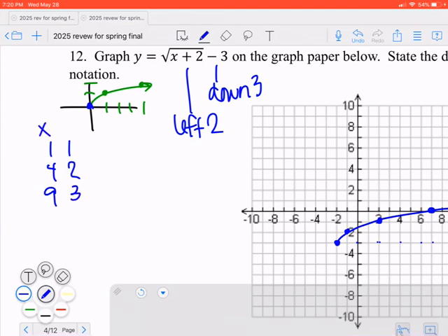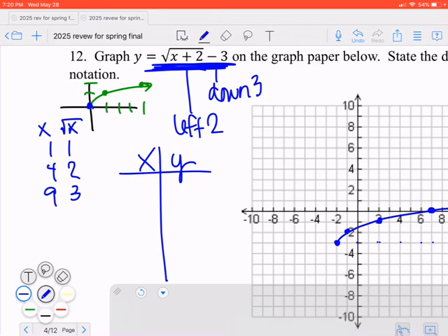So this is x, this is the square root of x. Or you can look at your equation and plug in x values based off of where your starting point is. So if my starting point was x value negative 2, I would plug in to the right of that. Plug in negative 1, 0, 1, 2, 3, maybe skip a few and do more.